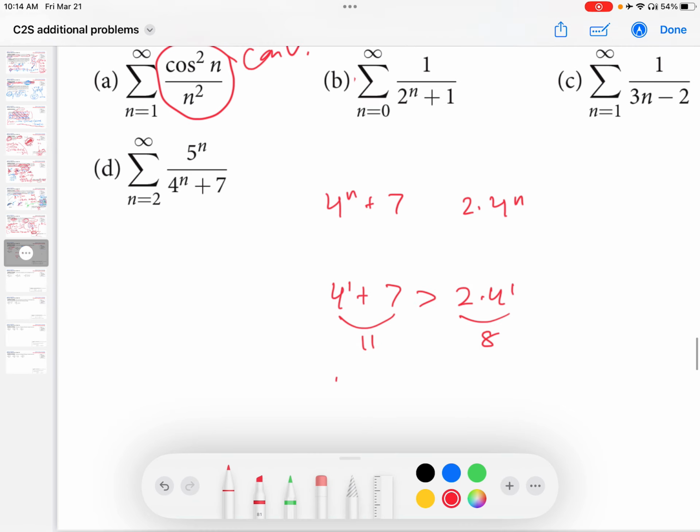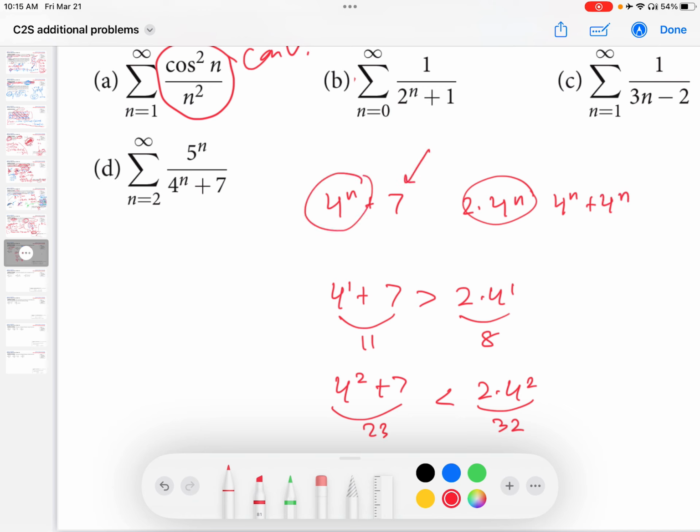Okay, how about if I do n equals 2? I compare these two. Well, now I have here 16 times 2, 32, and over here I have 16 plus 7, 23. Aha, so this one is bigger. And this should make sense, because here I have on the right-hand side 2 times 4 to the n. This is 4 to the n plus 4 to the n. And over here I only have one 4 to the n and then a 7. So here I have 2 exponential functions growing at the same rate.